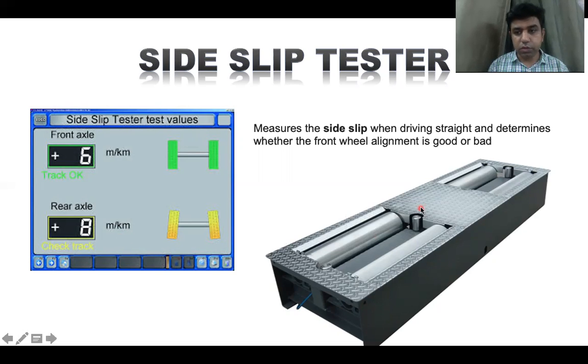Obviously this is one unit, but if you want to check the axle problem in both parts, then you need two arrangements, one for the front axle and another for the rear axle. In this way, we can find out the value of deviation or the problem with the axle.